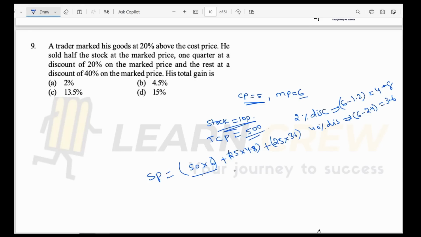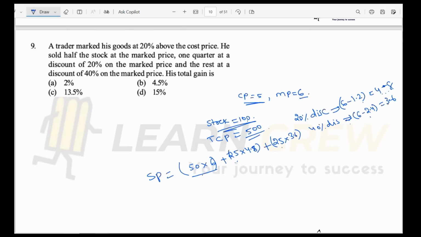One quarter means 25, sold at 20% discount on MRP. On 6, 20% is 1.2. So 6 minus 1.2 is 4.8. At 4.8, he's selling 25. And the remaining 25 at 40% reduction on MRP.